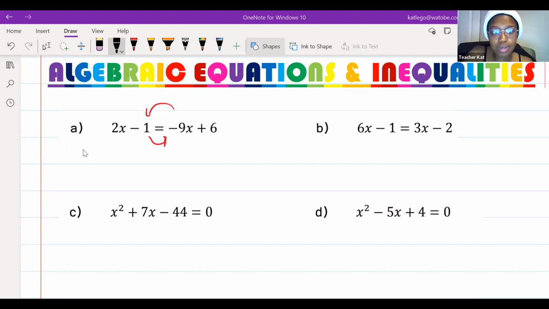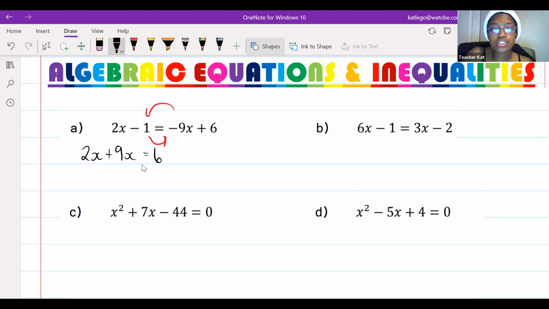How's that? So we're going to have a 2x here. When negative 9x gets to the left, it becomes a what? Yes, we are grouping like terms. Change the signs. Thank you, Anna. So from negative 9x, it becomes a positive 9x. Beautiful. Is equal to 6.